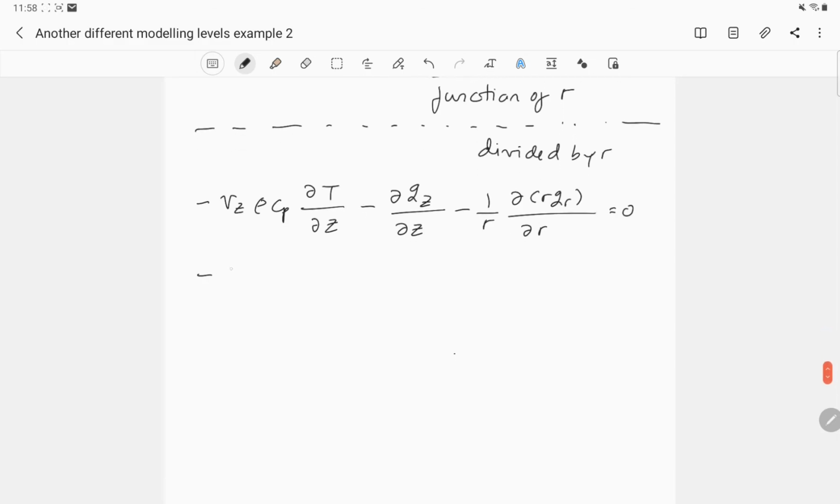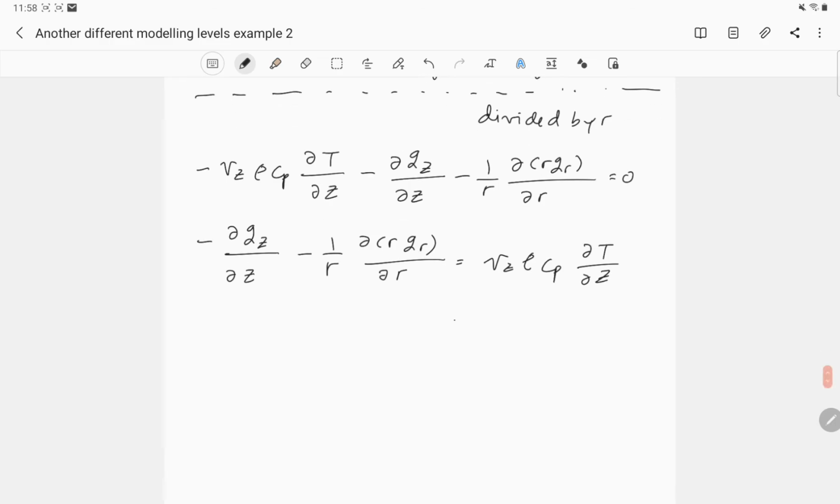So minus del qz over del z minus 1 over r del r qr over del r equal to Vz rho Cp del T over del z.